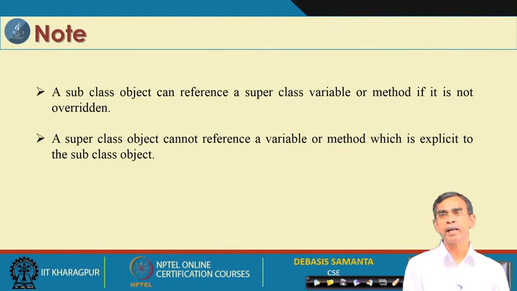A superclass cannot access any variable or method which is defined in the subclass. So, it is actually one way traffic. We can access from the subclass only, but from the superclass, other than the methods or variables defined in the superclass, we cannot access anything from the subclass.